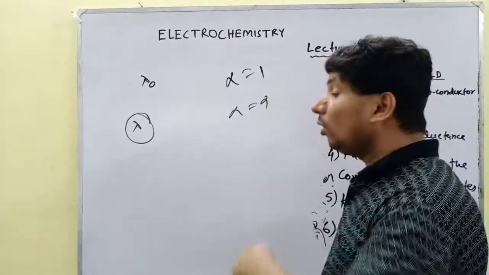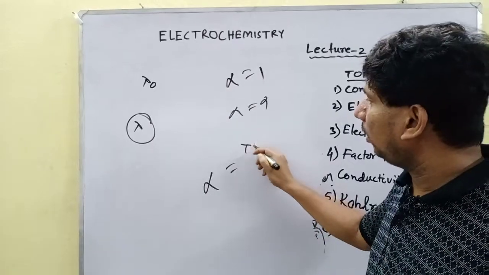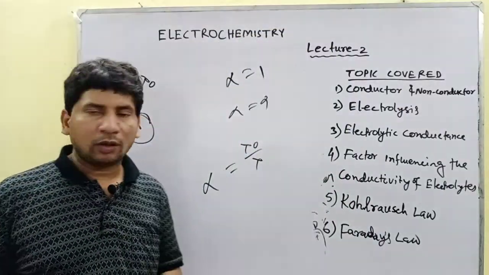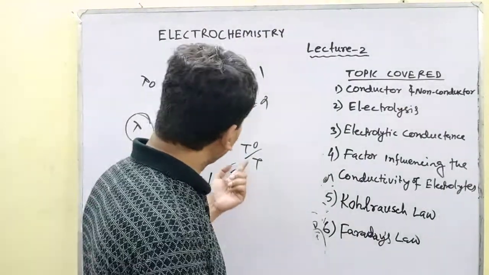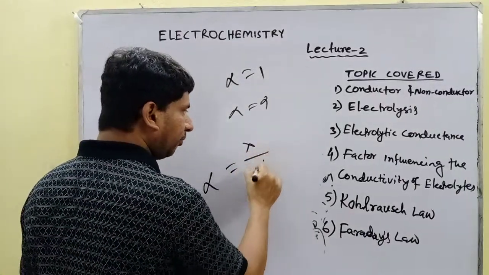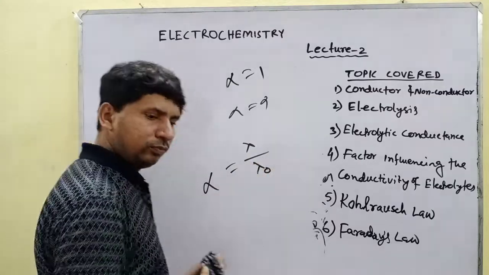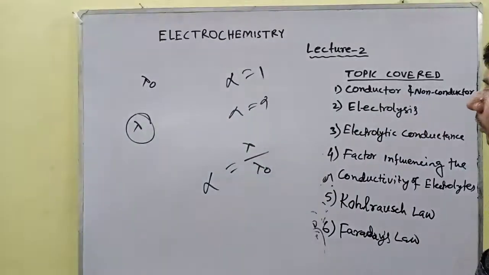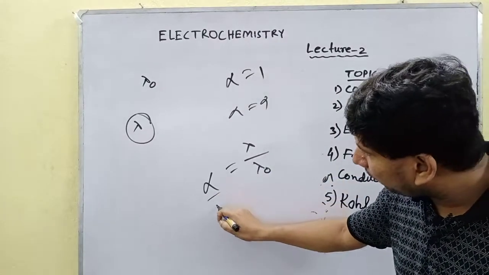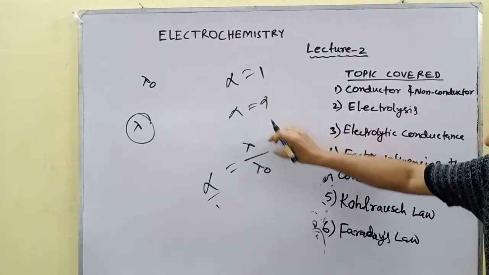So we can say that alpha equals lambda by lambda 0, lambda at infinite dilution. That means the ratio of alpha by 1 equals lambda by lambda 0.